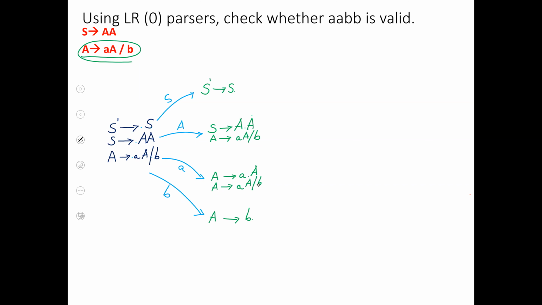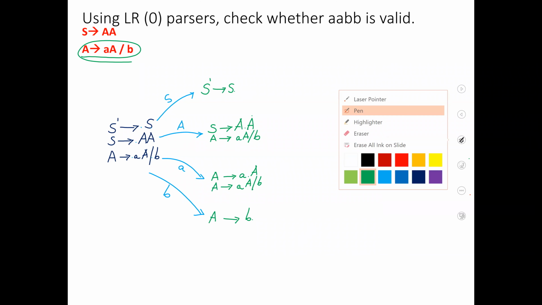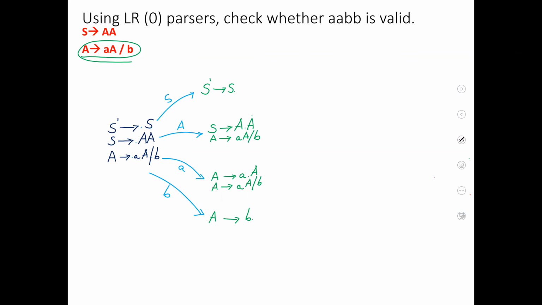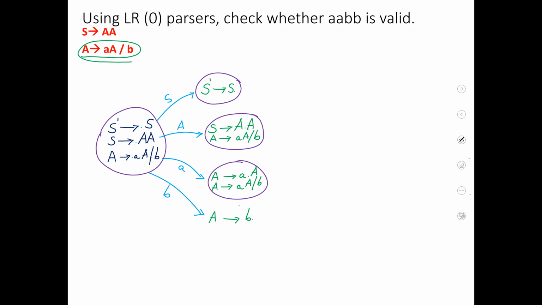Okay, so now I'll just circle all my states. Circling helps to tell you whether it is a final state or not. Now identify which are the final states. Final states means you have reached the end of the rule and you have nothing more to encounter. Look here, the dot is at the end, which means this is a final state. Double circle the final states.